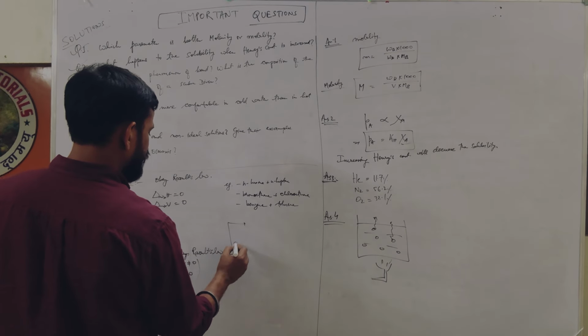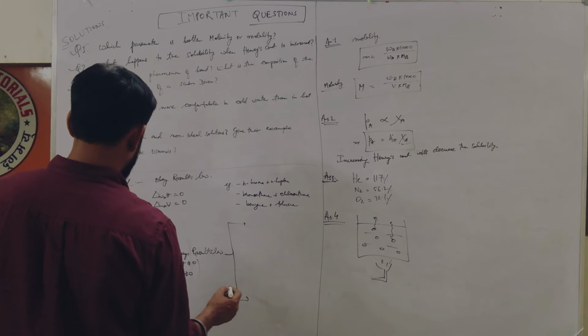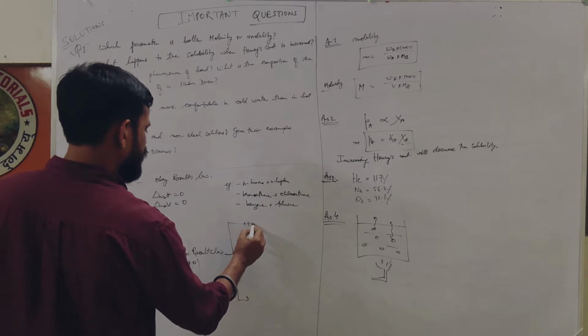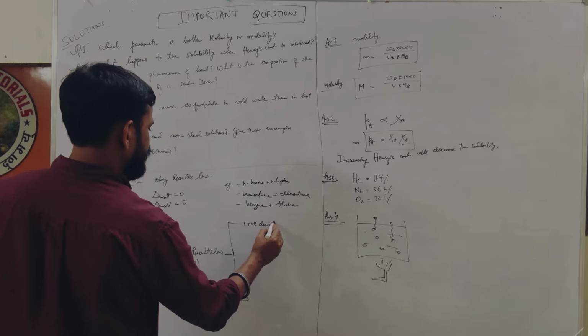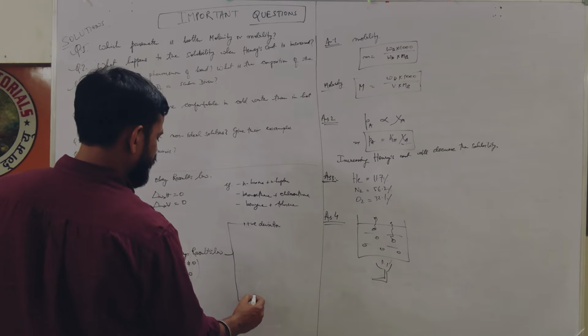Now there are 2 types of non-ideal solutions, one showing positive deviation, the other showing negative deviation.